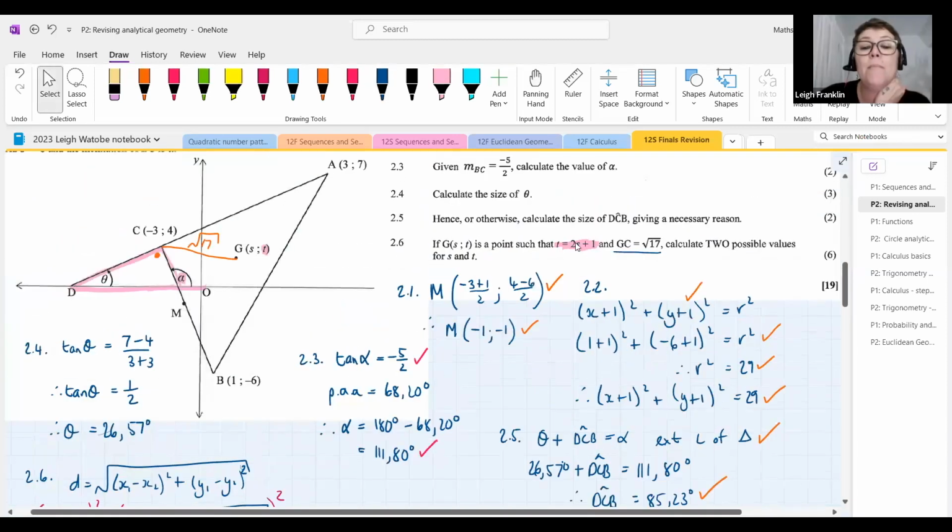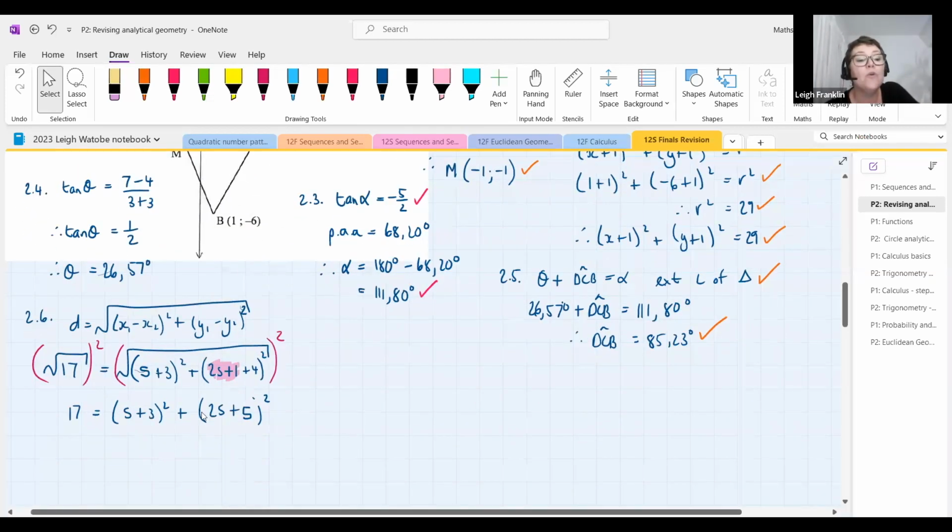Okay, so my y coordinate at G is T. T is equal to 2S plus 1. So when I sub into distance formula, I'm replacing T with its equivalent in terms of S, so that I'm solving for S in my equation. Remember, I can't solve for two different variables.